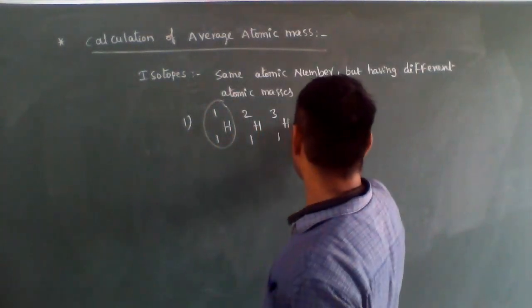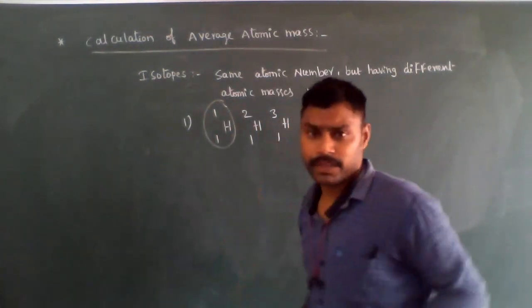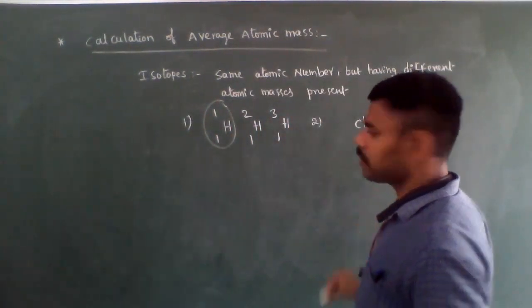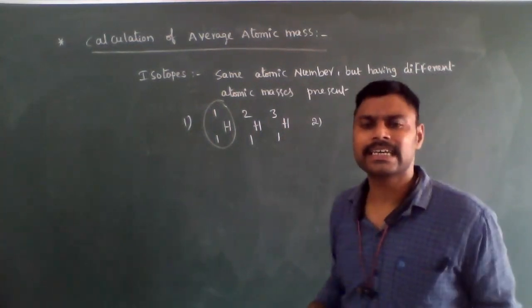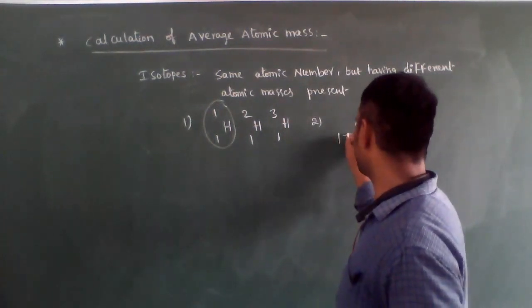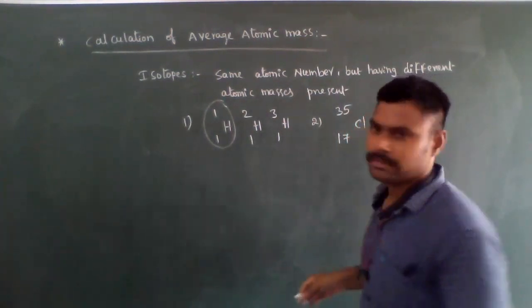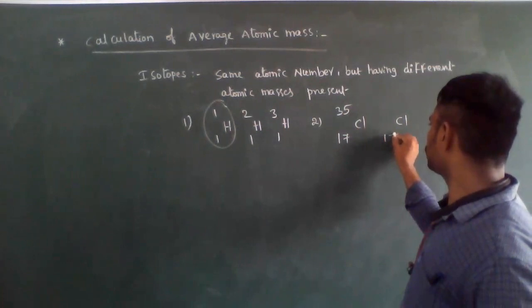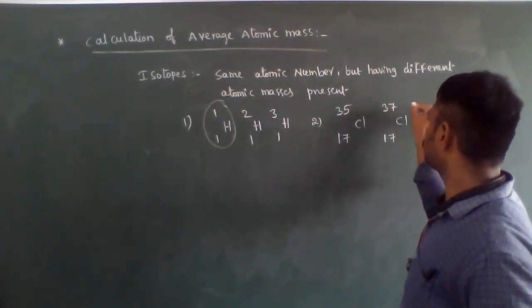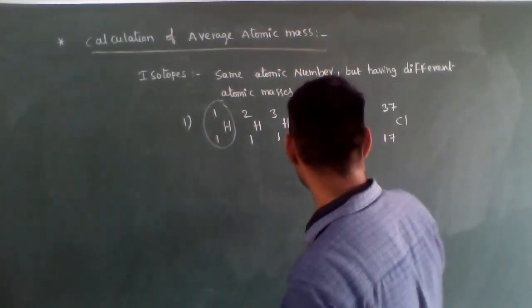But consider the chlorine atom. Chlorine exists in 2 isotopic forms. The atomic number is 17, the mass number of one is 35, and the other isotope is 1737.